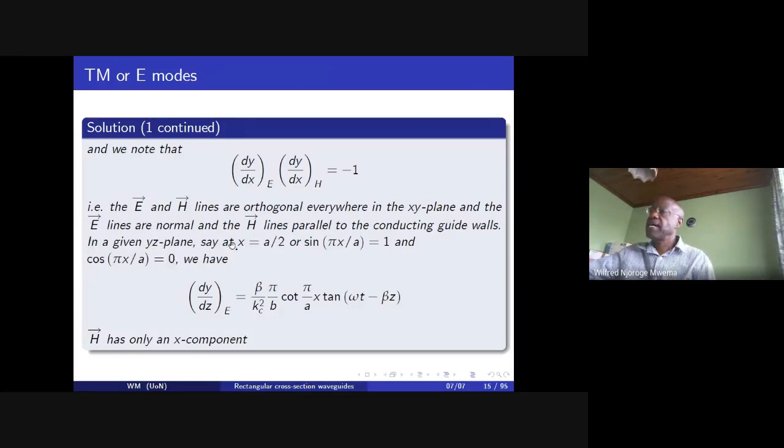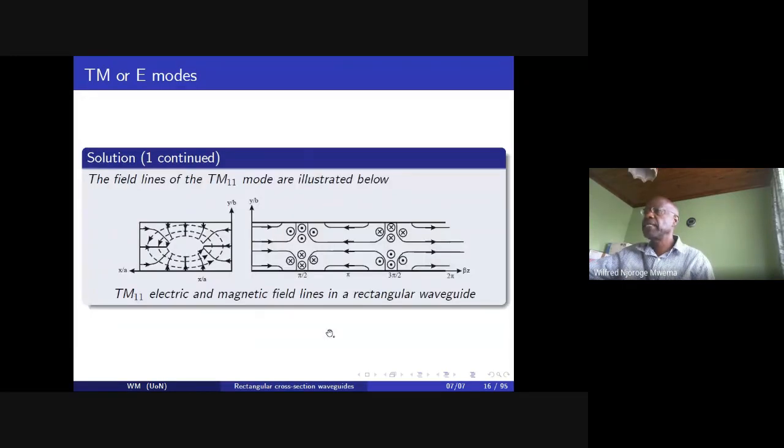Say at x equal to a/2, or sin(πx/a) equal to 1, and cos(πx/a) equal to 0, then dy/dz is going to be given by that equation there, and H has only an x component. So the field lines for the TM11 mode are then illustrated as shown.